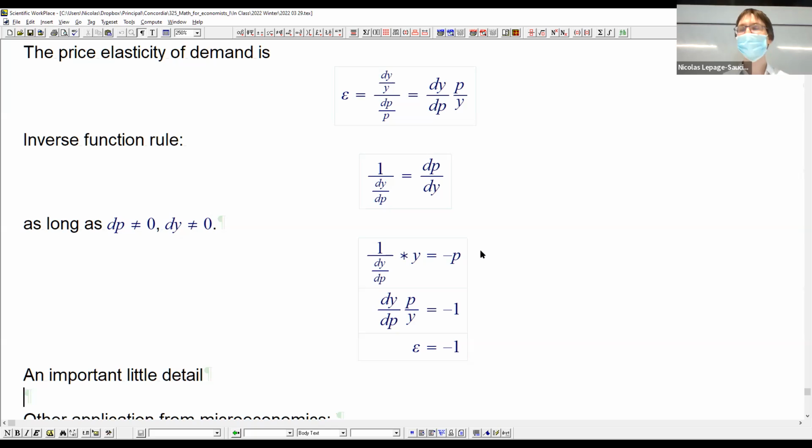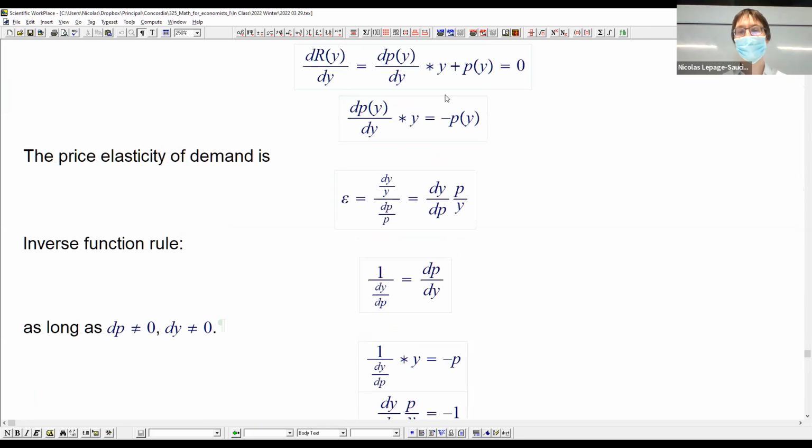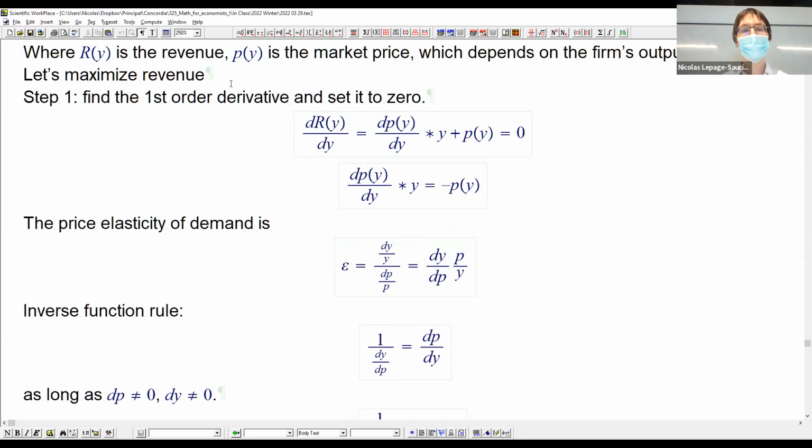It's good form, when you want to find a maximum, to confirm that you did find a maximum. Now we found the value where the marginal revenue is equal to 0, but what we want is to make sure that we indeed found a maximum. So how will I do that?